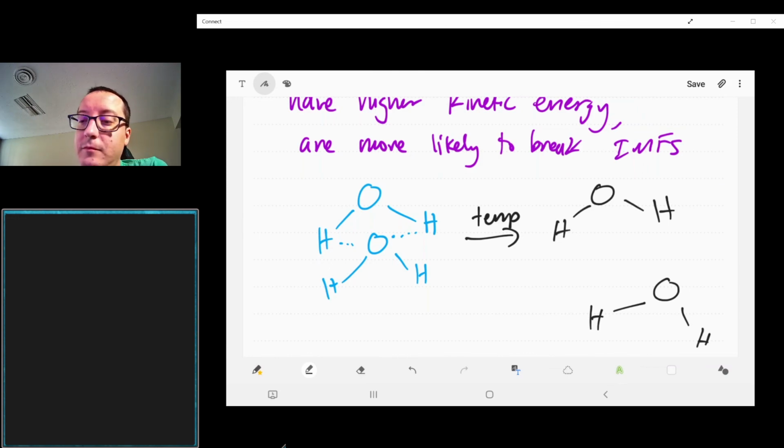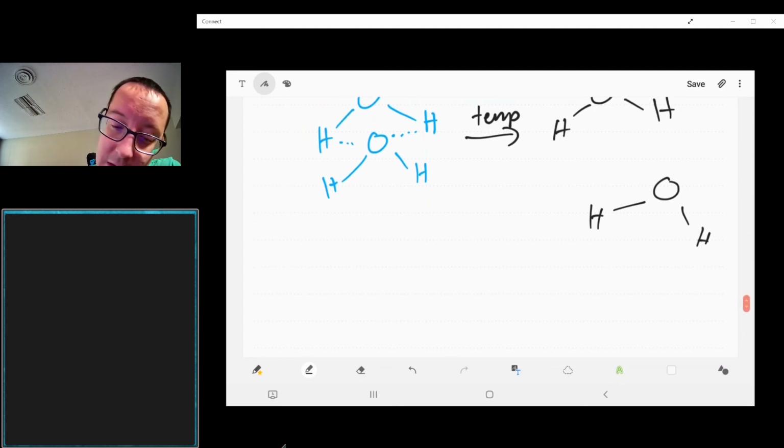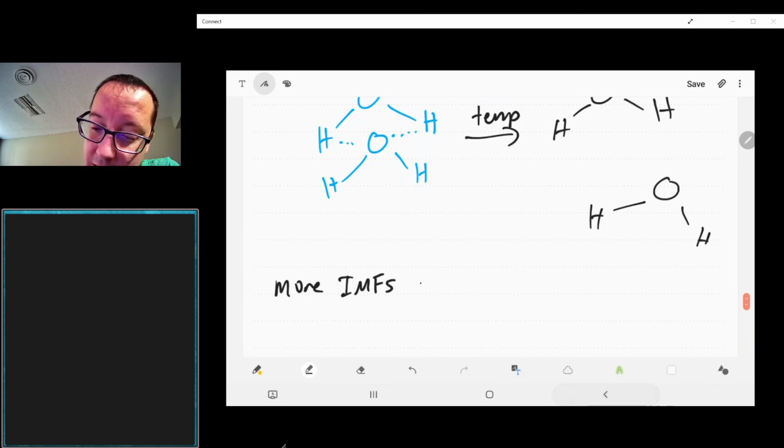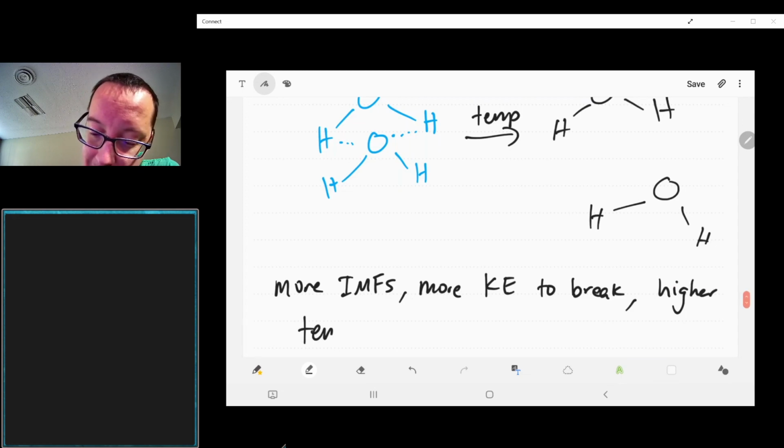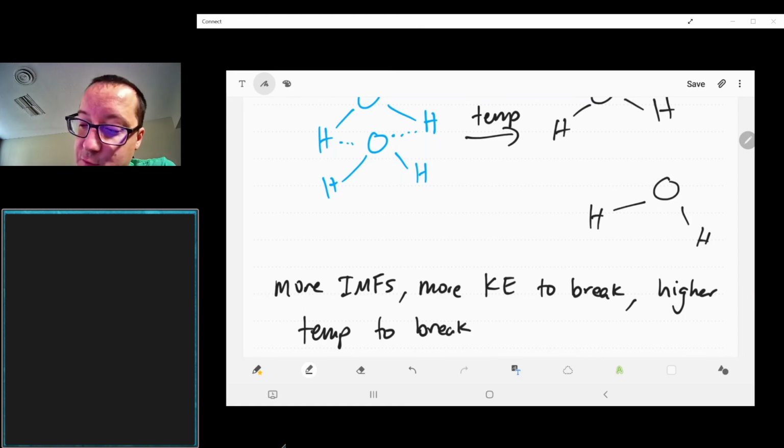So, in summary of this section, the more intermolecular forces you have, the more kinetic energy you need to break them. And therefore, the higher the temperature needs to be to break those to form a gas. Remember, gas molecules are so far apart, they're not going to be interacting with each other.